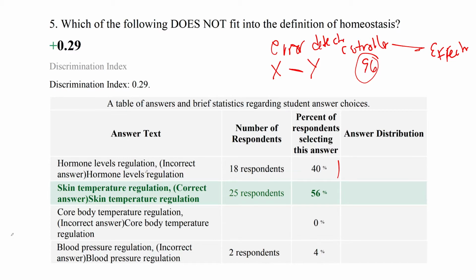We have many hormones in the body. Most of them are regulated by negative feedback. There are, yes, some exceptions. For example, during ovulation, that we have a positive feedback. The actions of some hormones during delivery, yeah, those are exceptions. But most of the hormones in the body are regulated by negative feedback.